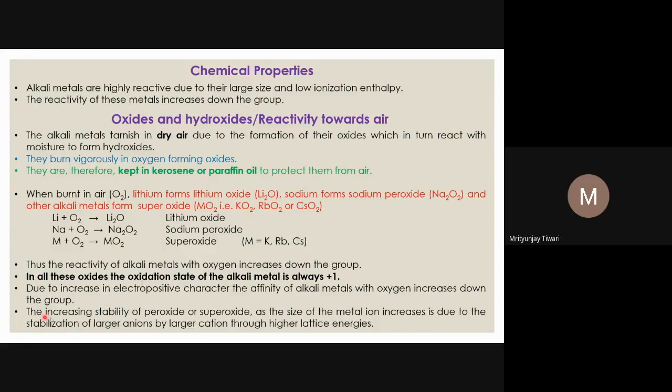So there is increasing stability of peroxides or superoxides as the size of the metal ion increases, due to the stabilization of a large anion by a larger cation through higher lattice energy. This is what I have explained. You should also remember that because of the large cation and large anion, when they interact, the lattice energy will be more, because there will be an optimum number of cations surrounding an anion, and anions surrounding cations.